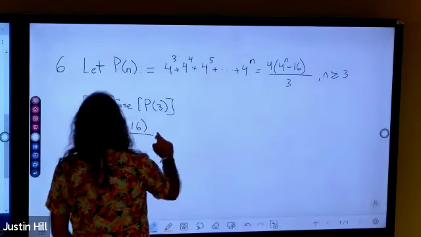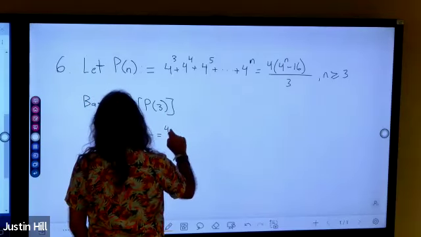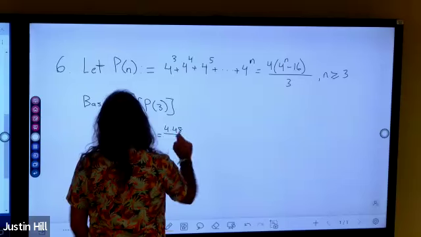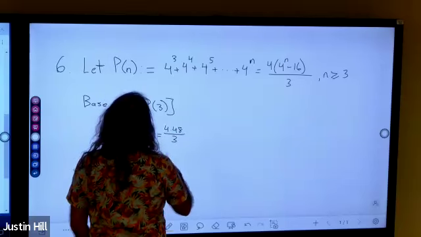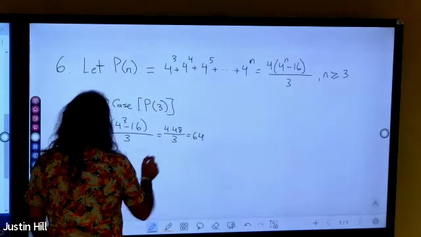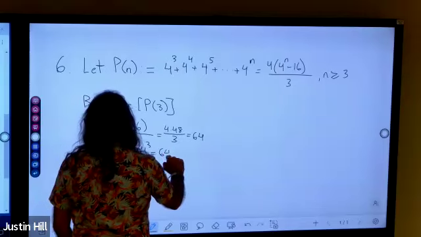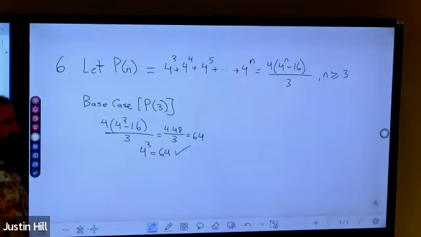If you do a little bit of the work there, 4 cubed is 64, minus 16 is 48. So this is 4 times 48 over 3, which is 64. And 4 cubed is also 64. So this checks out. The left and the right side match each other.